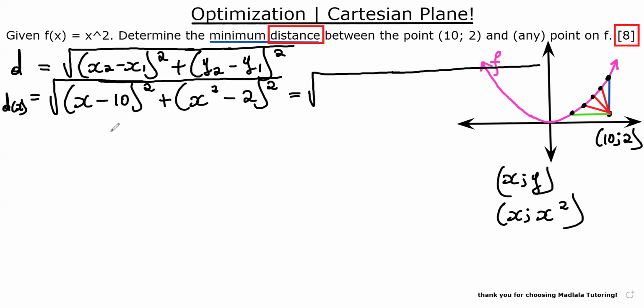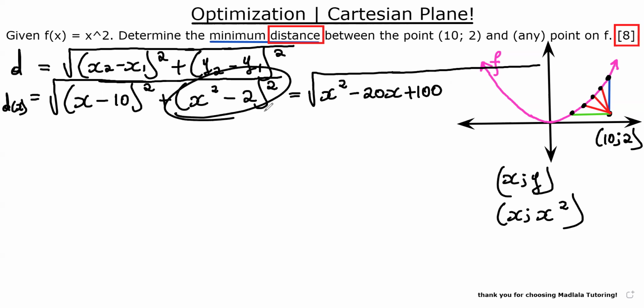Well, according to the FOIL method, for this one, we are simply going to get x squared minus 10x minus 10x plus 10 squared. So I can choose to say it's negative 20x plus 100. So that's what I can say.